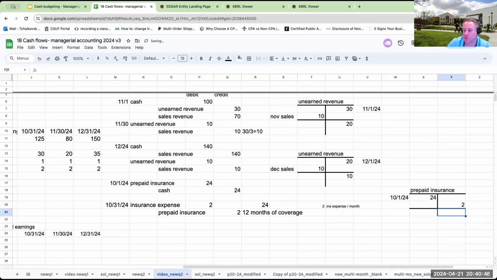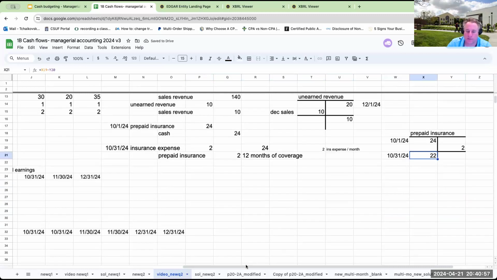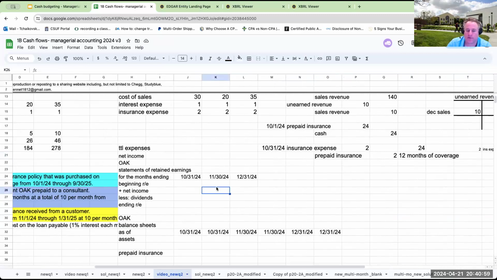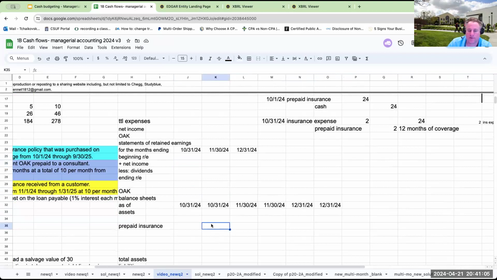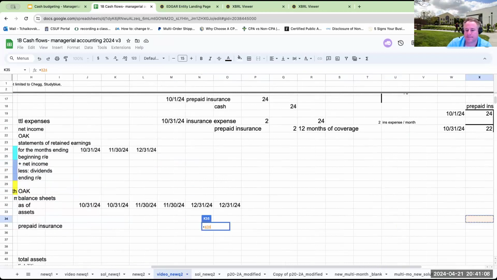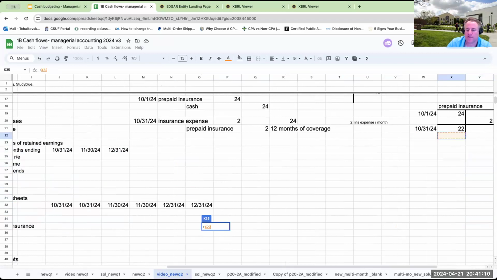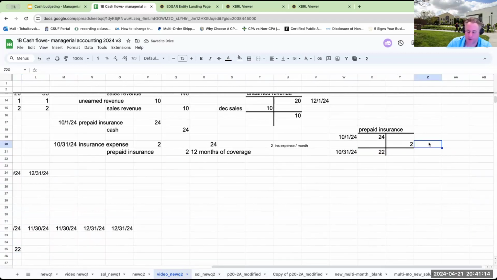I used 1 month of it. So my ending balance as of 10/31/24 is going to be 22. So I'm going to go ahead and put this over here. My prepaid insurance is going to be at 22. And this is going to go to my balance sheet. Okay, now, and this is October expense. So every month I'm recognizing the same amount of expense.